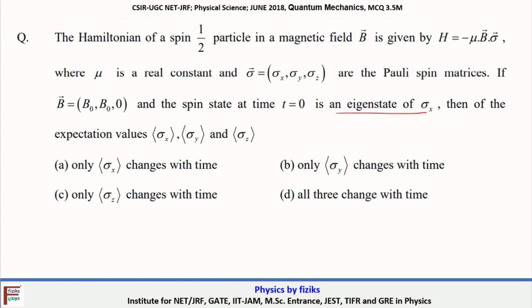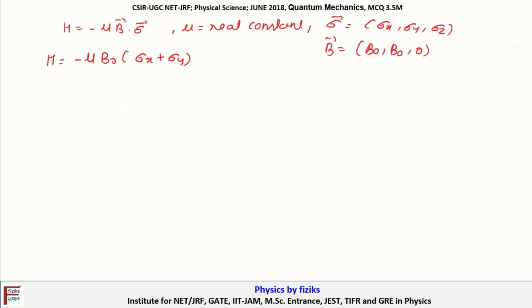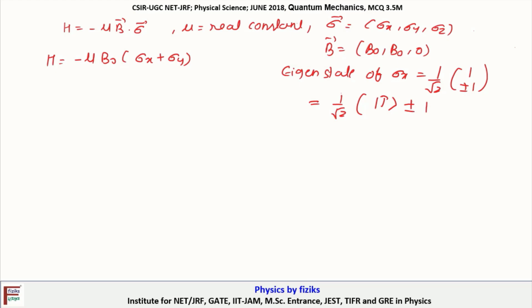According to the question, at t equals 0, the spin state is an eigenstate of sigma x. So the eigenstate of sigma x is 1 by root 2 of (1, plus minus 1), which can be written as 1 by root 2 of spin up state plus minus spin down state. So that is the wave function psi x at the initial 0 state.